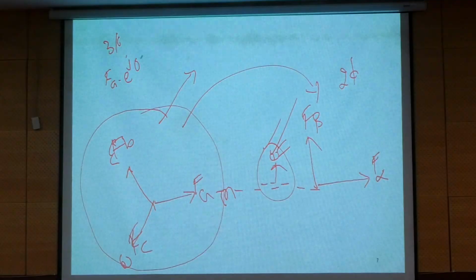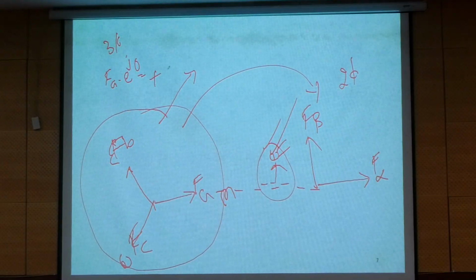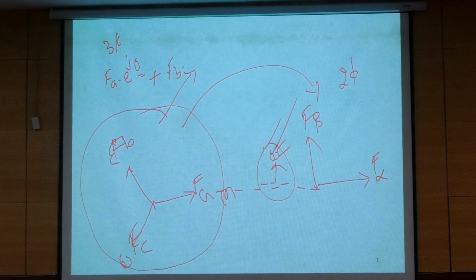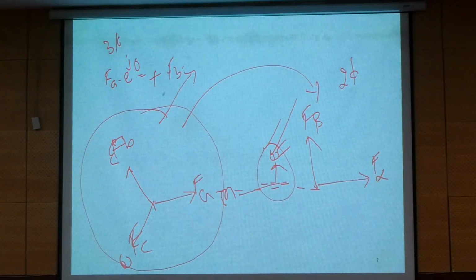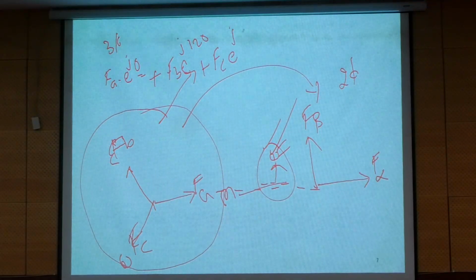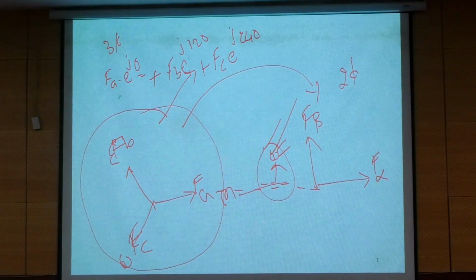Because the space displacement angle between the vector and the reference phasor is 0. Next, plus FB: FB leads the reference phasor by 120 degrees, so FB e power j120. Clear? Plus FC e power j240, or minus 120, both are the same.